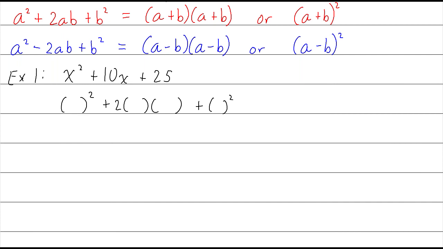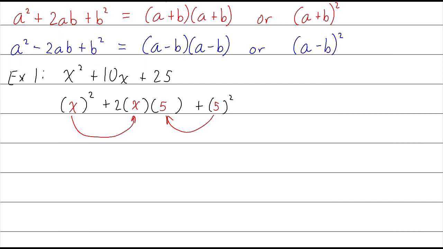Well, x, right? That would be x squared. 5 squared would give me 25. Then what if I took these two and plugged them in here and here? If I multiply these three things together, I get 10x. So if I'm able to fill in those blanks exactly like I just did, then I have a perfect square trinomial.